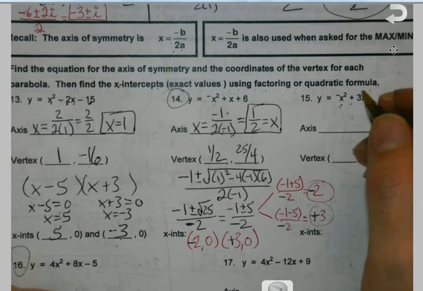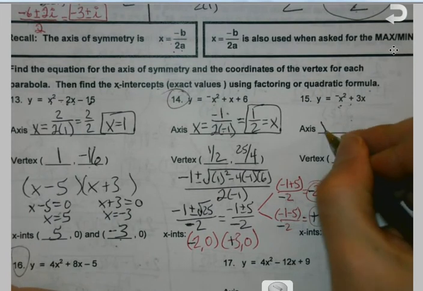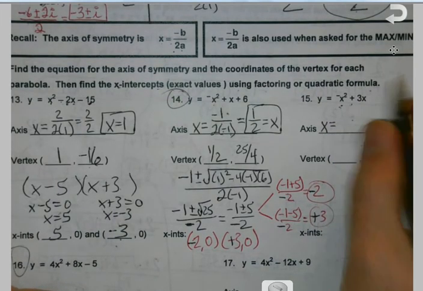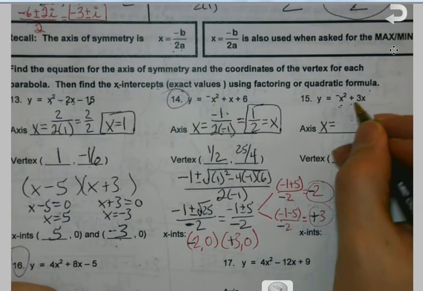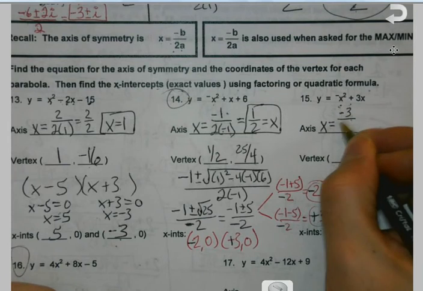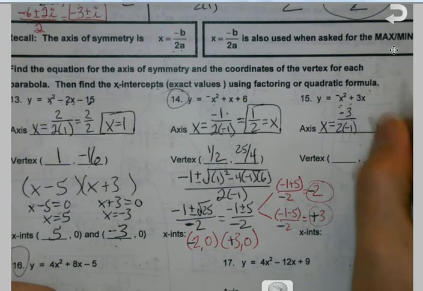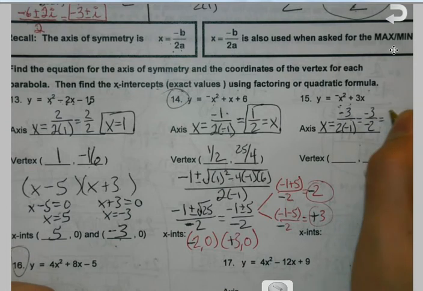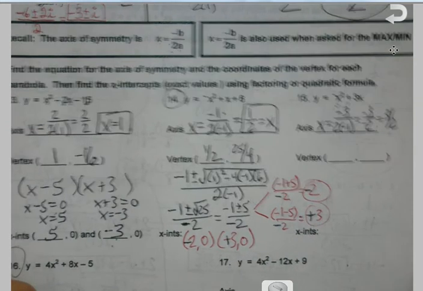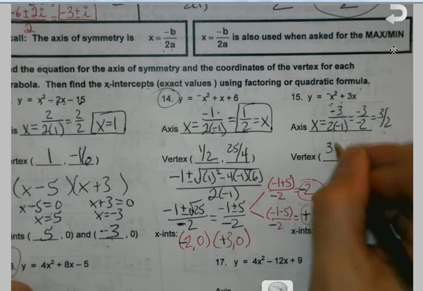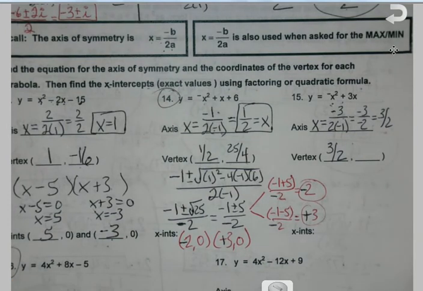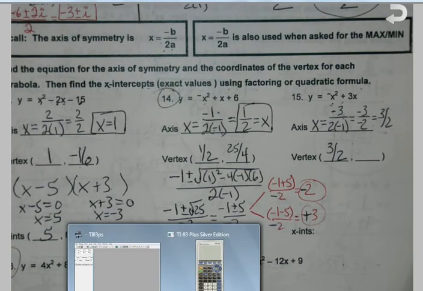Okay. So here, let's see. Hopefully we get through this one a little cleaner. So for my axis of symmetry, we've got negative b over 2a. 3 halves. Yuck. Now again, if you want to go to the decimal form, you can feel free.